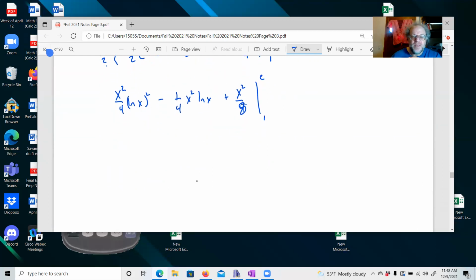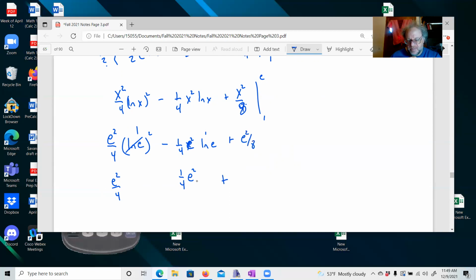Let's plug in e. So we have e squared over 4. What is ln of e? ln of e is 1. 1 squared is 1. So this is just e squared over 4 minus 1/4, oh no, sorry, e squared times ln of e. ln of e is 1. So here we have 1/4 e squared. And then last but not least, we have e squared over 8, so this is going to be plus e squared over 8.